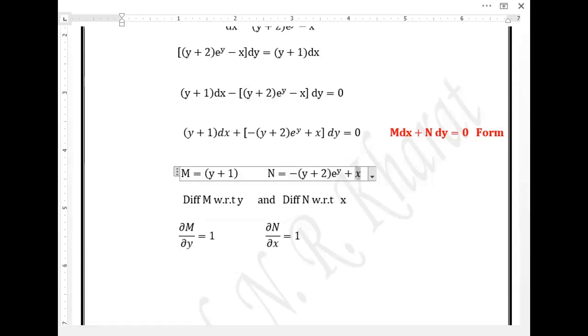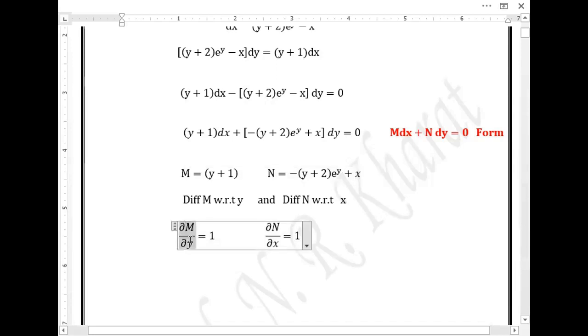So after taking the derivatives of M and N with respect to y and x respectively, dM by dy has value 1, and dN by dx has value 1 also. When these two derivatives are equal, this is the necessary and sufficient condition of exactness.